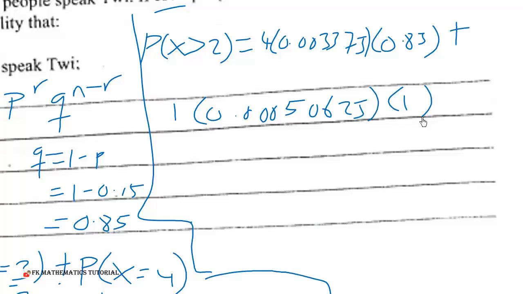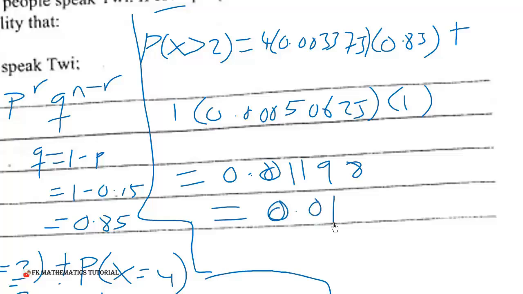So when we simplify this, we are getting 0.01198, and to 2 decimal places we are going to get 0.01. So that is the probability that we got more than half speaking Twi.